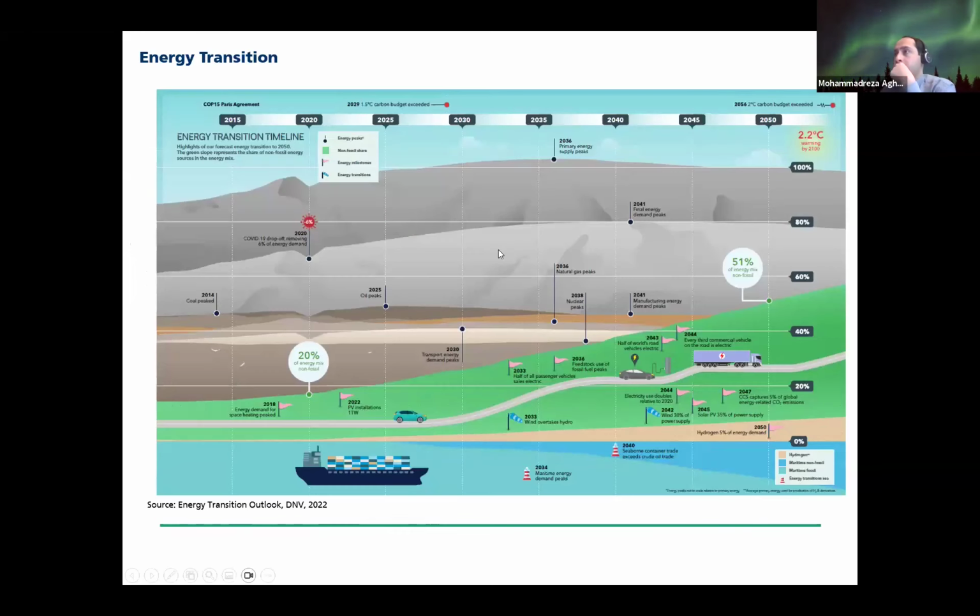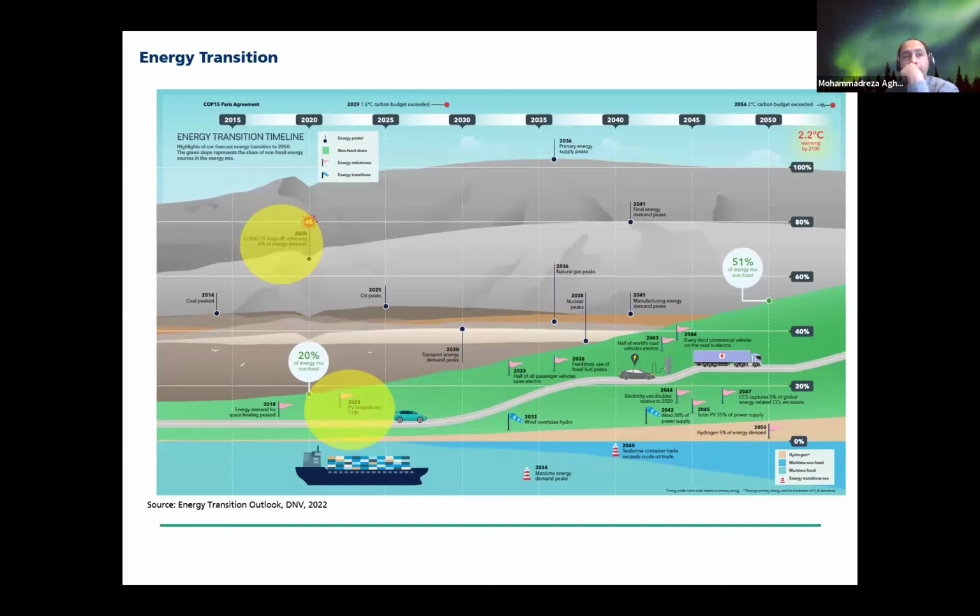I would also like to show you this very interesting graph about the timeline of the energy transition. You can observe some milestones or achievements from 2020 to 2050. By 2020, we had a 6% energy demand drop because of COVID-19.